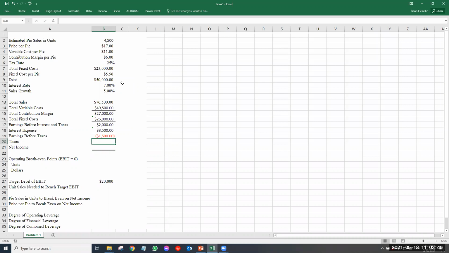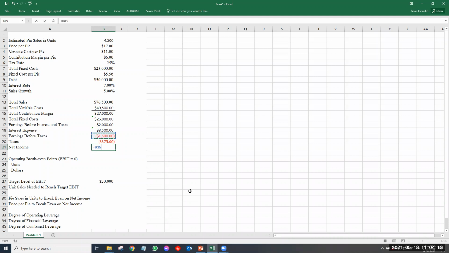Even though there is a loss, we still calculate the taxes because you can use that tax credit forward or backwards, but that's for another class. So we take the taxable income and we still multiply by the tax rate. And that gives us the tax. In this case, you're looking at a tax credit of $375.